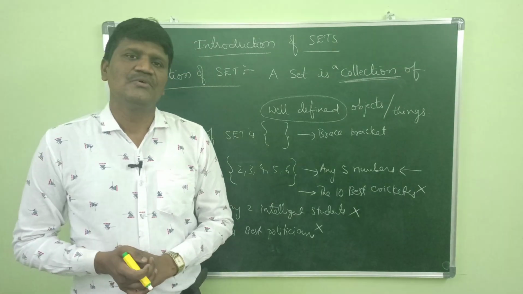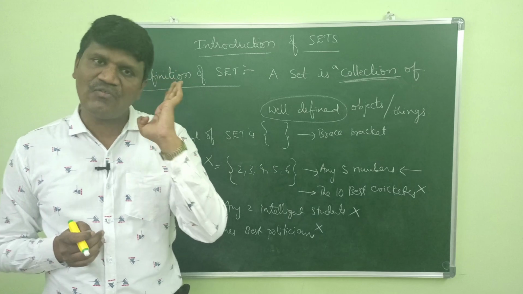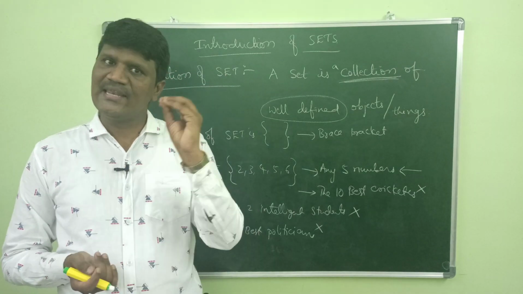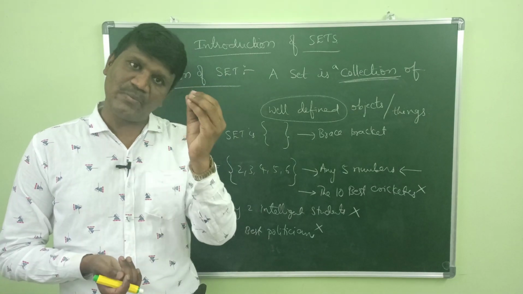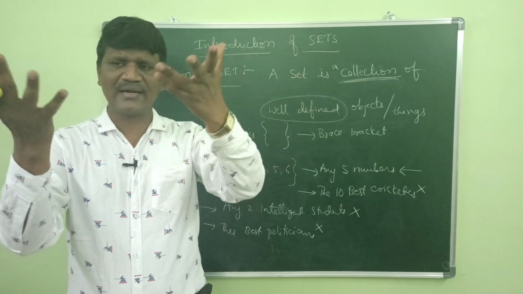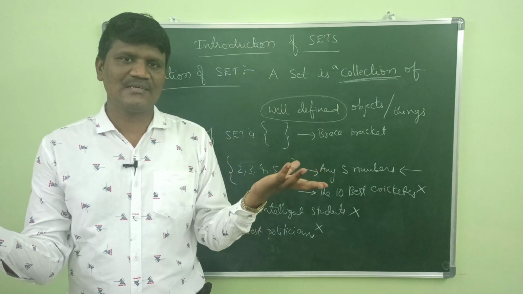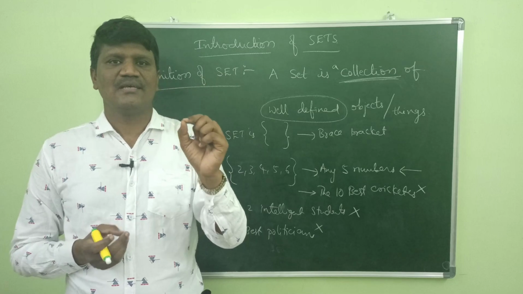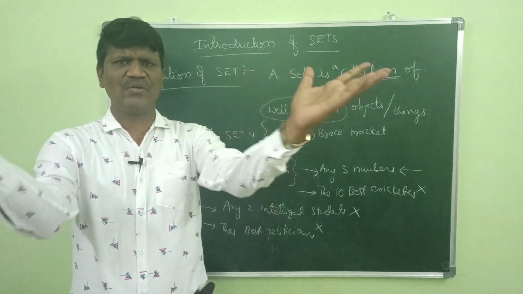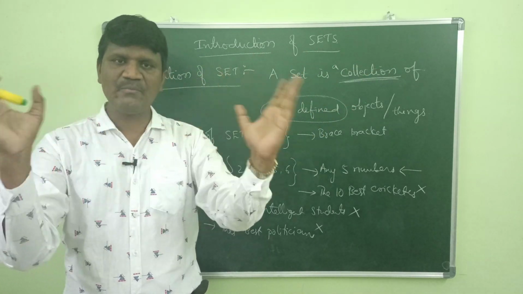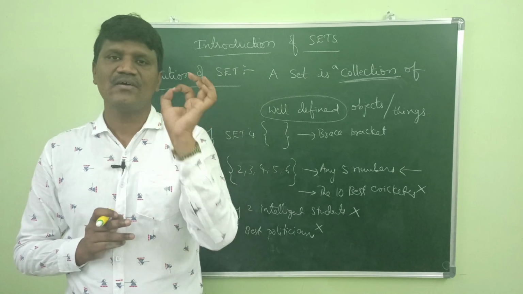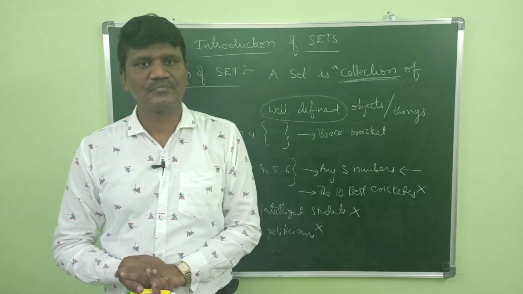Suppose I ask you to write any 5 prime numbers. Will all of you write the same? No, right? So well defined means if I ask you a question and everyone writes the same elements, then that is a well defined set.